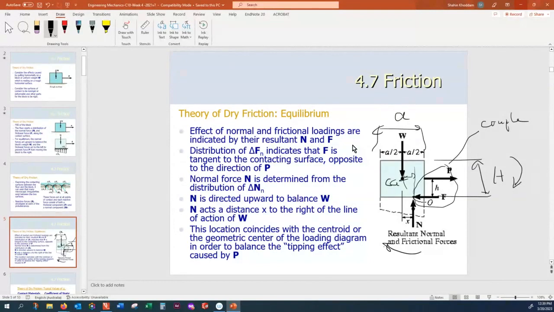So not only the horizontal forces or not only the vertical forces sum up to zero, also the net rotation should be zero. That is the difference between a rigid body and a particle.